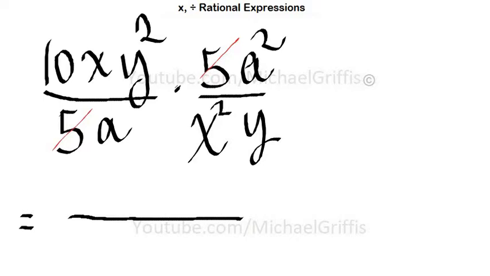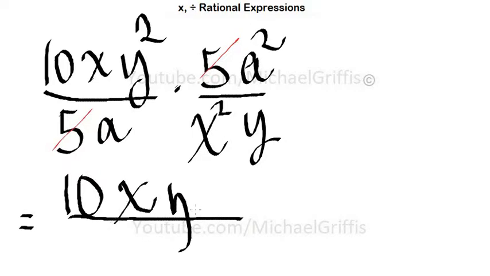I'm going to rewrite this: 10, x y squared times a squared. These are actually all multiplied together here.